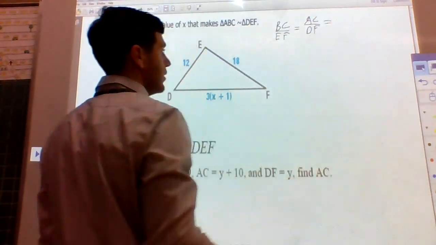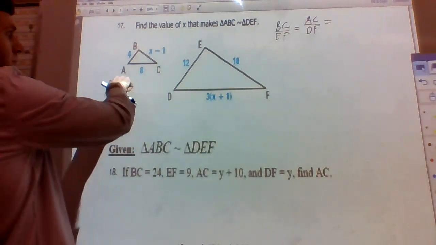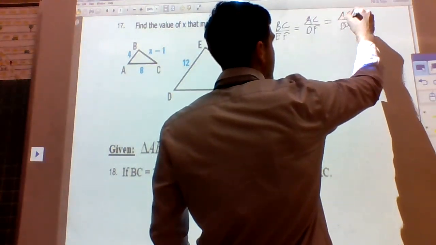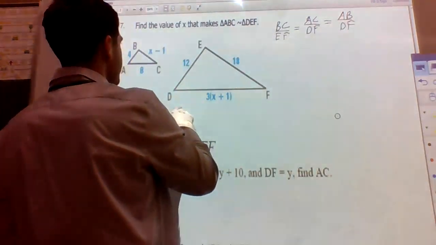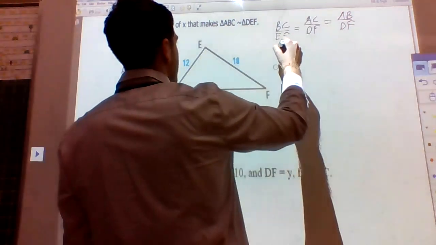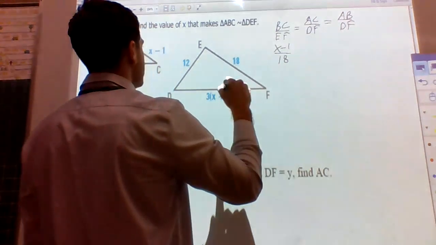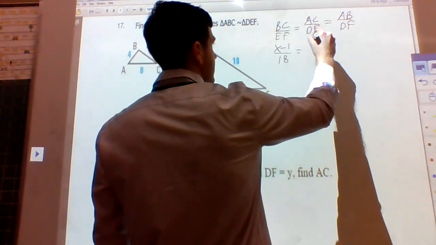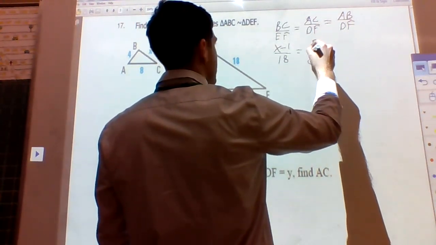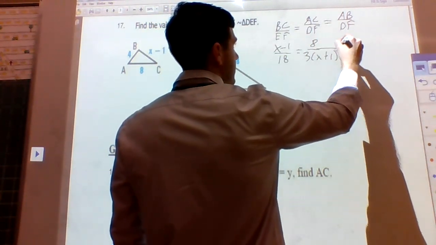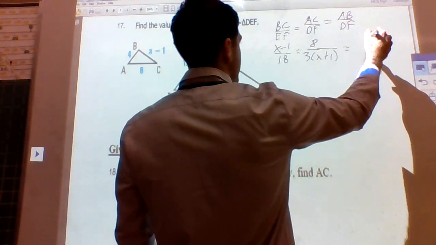And we know that AB and DE. Okay, so we have x minus 1 over 18, 8 over 3 times the quantity x plus 1, and then 4 over 12.